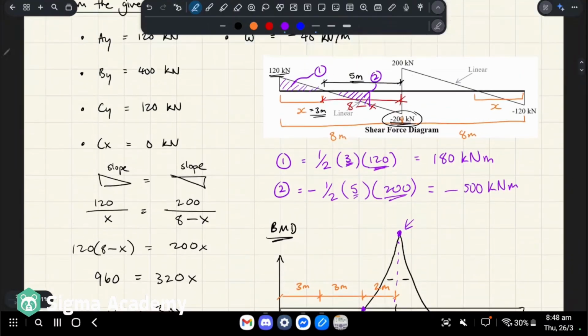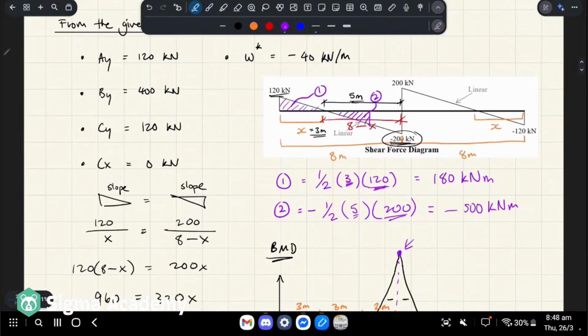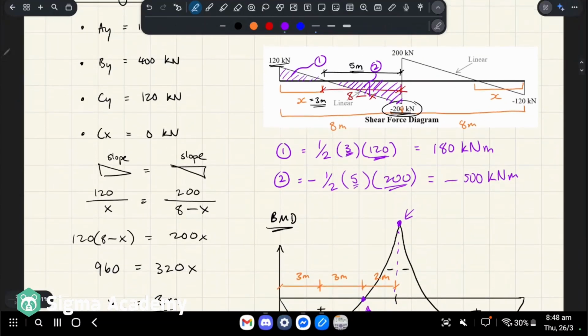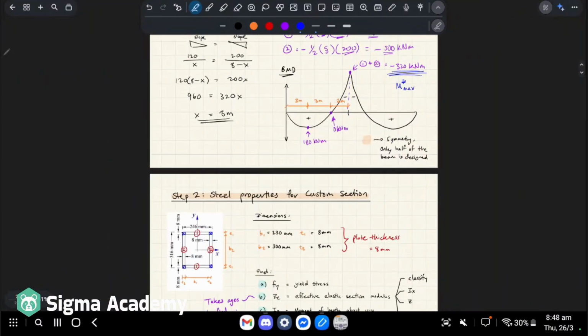But up here is the more important point, where you add the entire thing. That's 180 minus 500, which gives you negative 320. So this is our critical maximum bending moment, right? Cool.